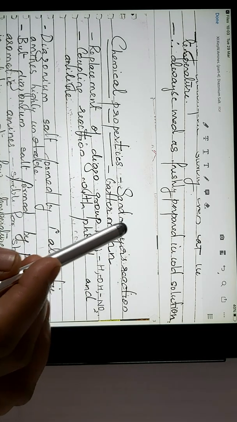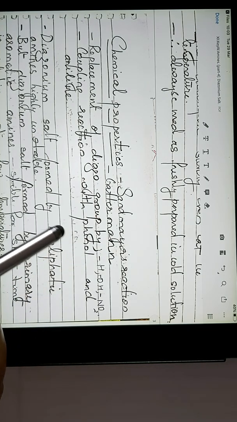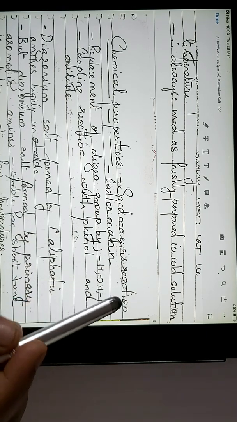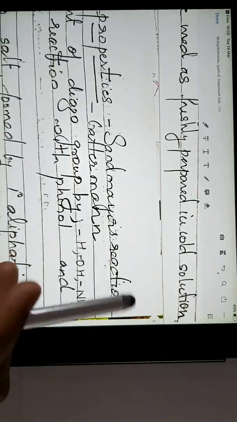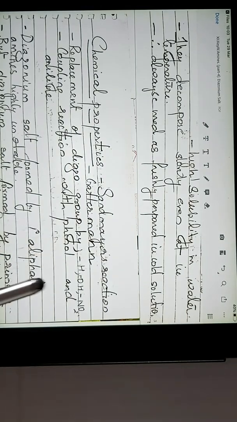Of these, the first three come under one group, where in the diazonium salt the diazo unit is involved in the reaction. And the coupling reaction comes under the group where the benzene ring is involved in the reaction.